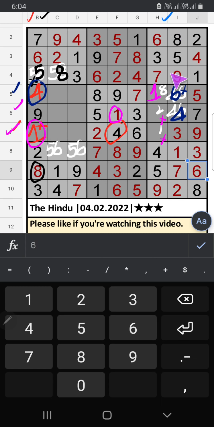Then column H, only 2 numbers are remaining, 2 and 8. 7th row we have 2, so 2 can't come in this cell, 2 is confirmed here, then 8 is here.